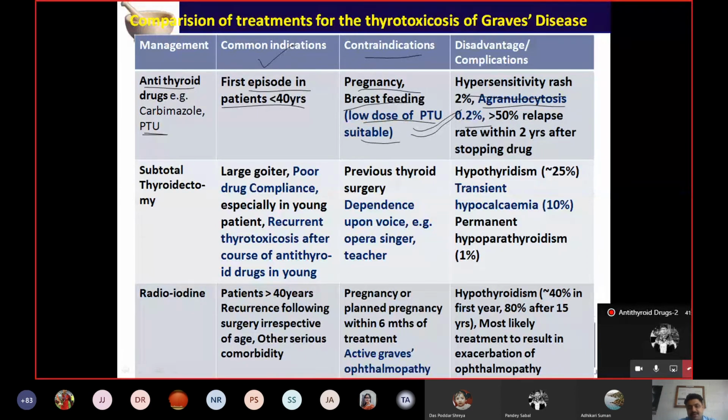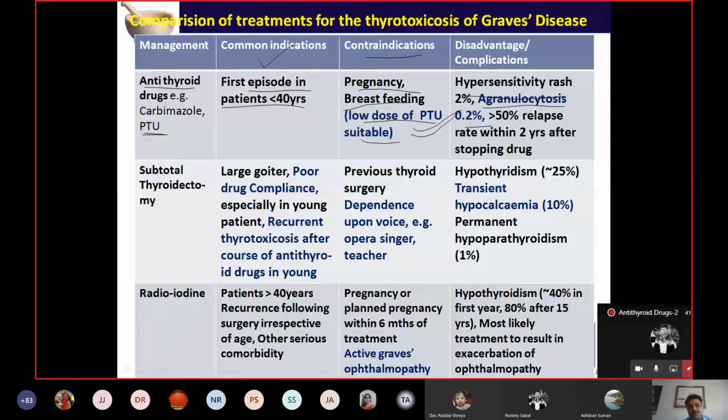When you prescribe, you have to warn the patient to report a sore throat, or you have to do the test, total blood count and others. There is more than 50% relapse rate within 2 years after stopping the drug. So that is the disadvantage. And you can go for surgery also. So surgery, we are just comparing.